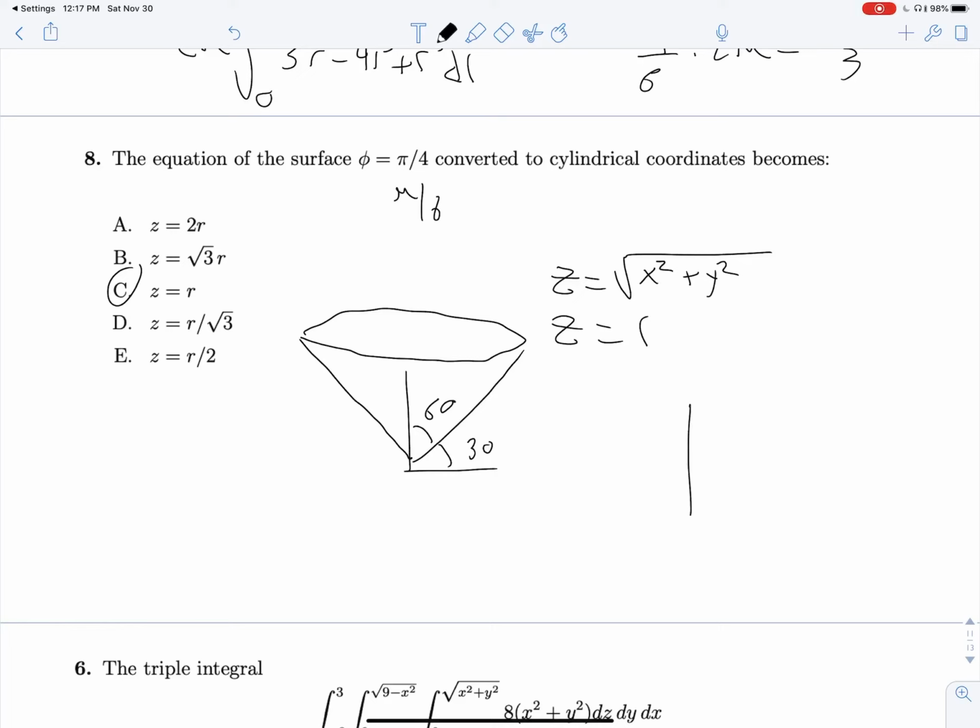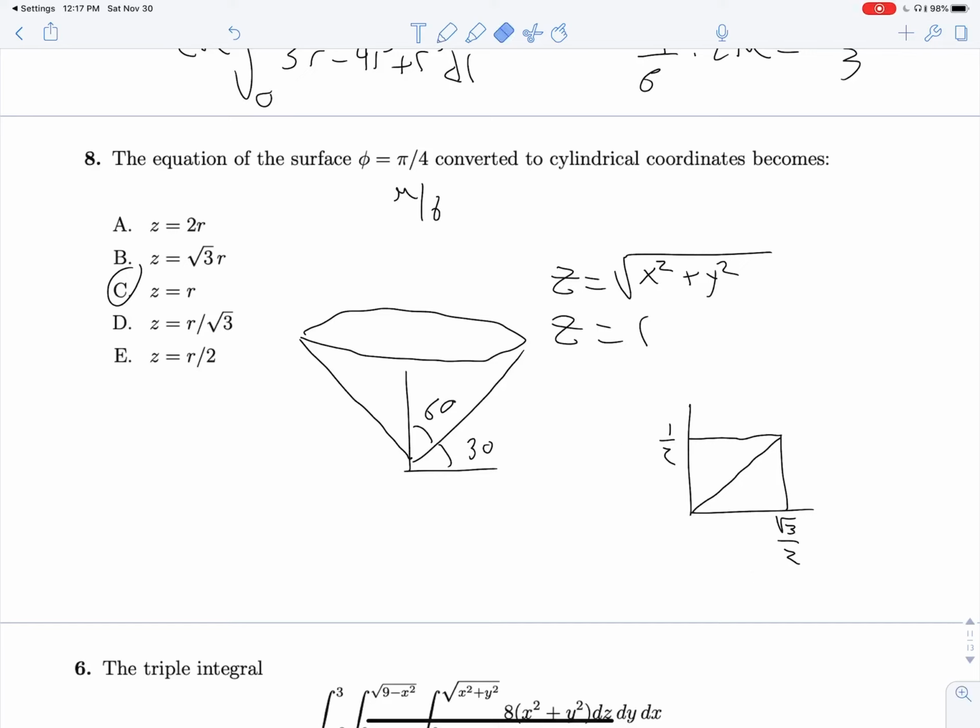And if we think about this in terms of the unit circle, that's going to be root 3 over 2 and 1/2 as our coordinates if we're just trying to figure out our slope, which is pretty much what we're looking for here. For every unit z that we go up, how many units r do we go out?